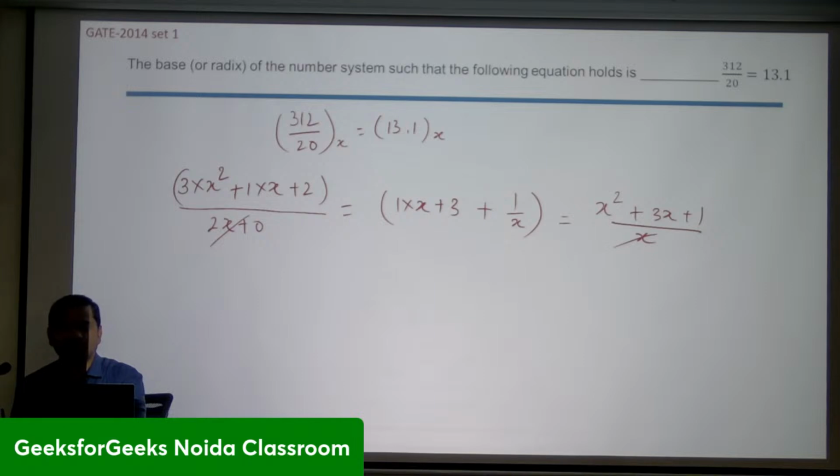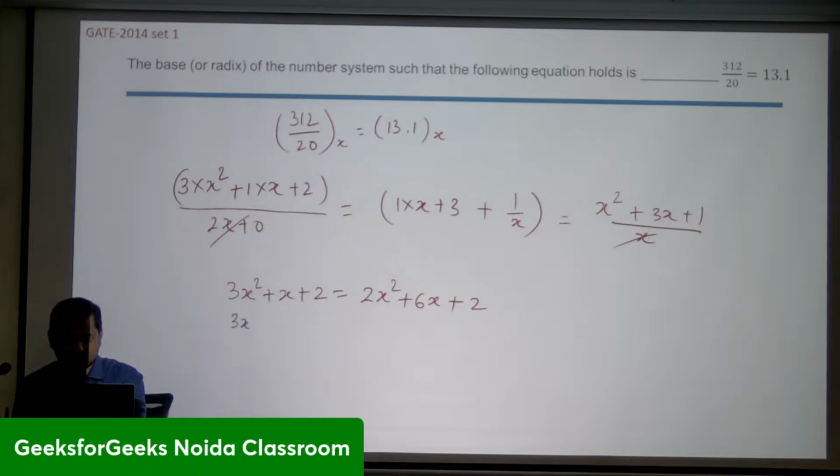Expand this particular equation. So it is going to be 3x square plus x plus 2 is equal to, because 2 is over here on the left, we can multiply it with the next term, 2x square plus 6x plus 2. Now just simplify the terms.